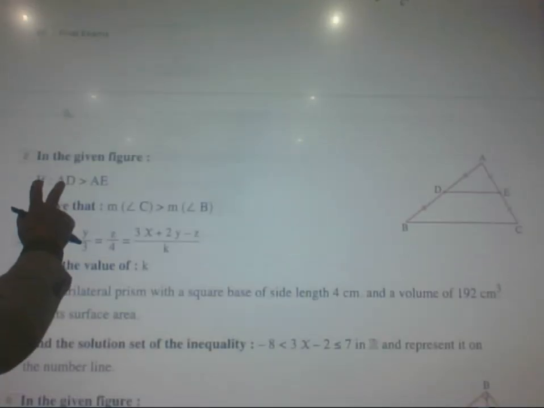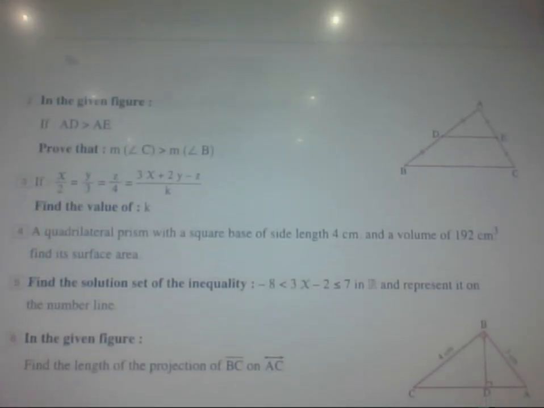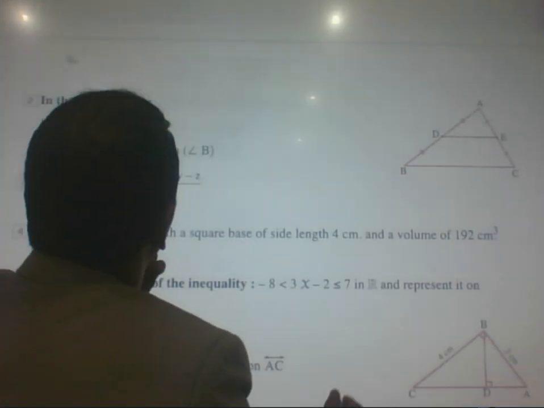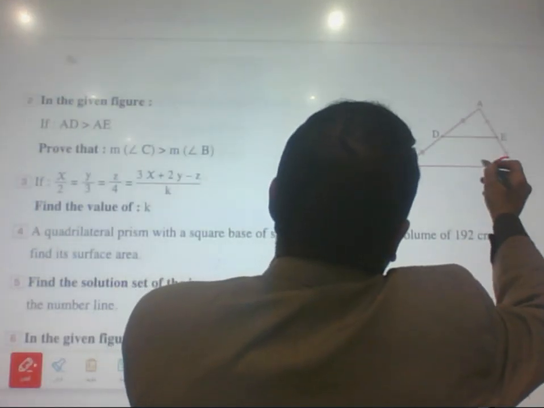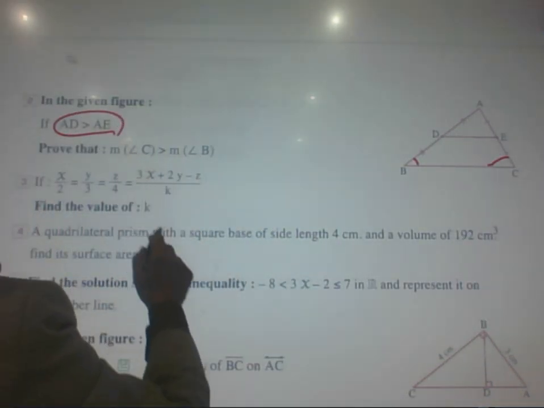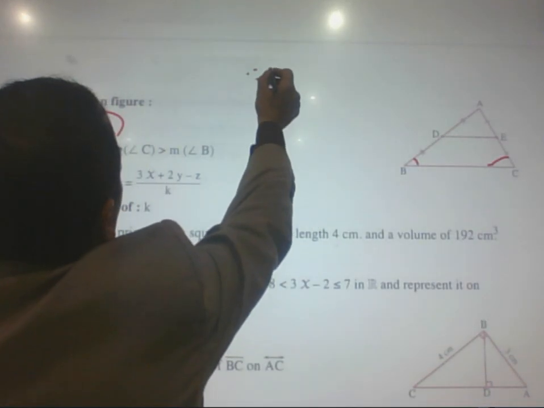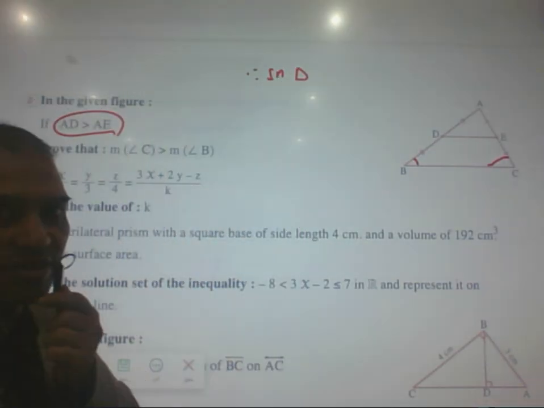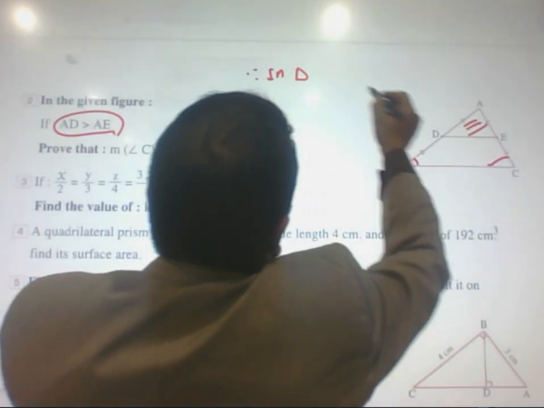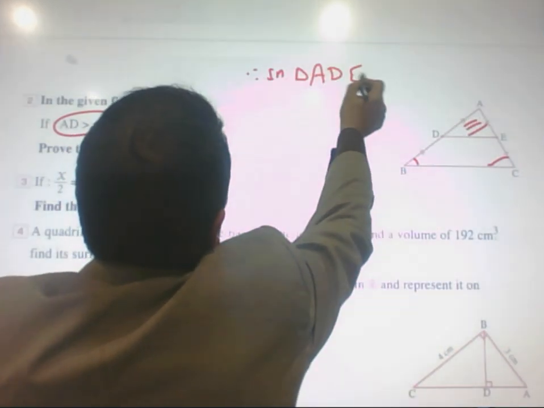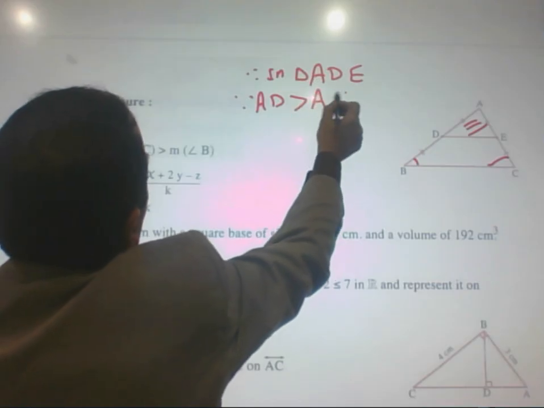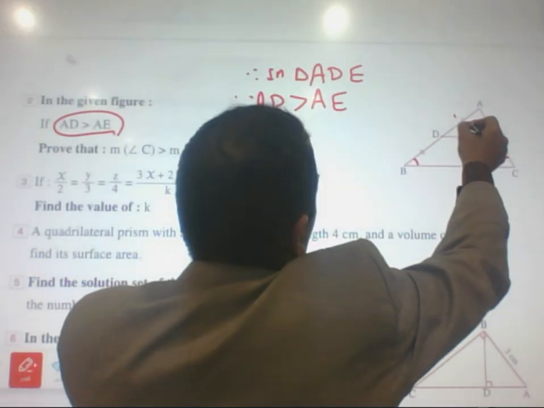Next question in geometry. Here we have a triangle. We want to prove that the measure of angle C is greater than the measure of angle B. He gave me 2 sides of different lengths in the triangle, such that you can write first in triangle ADE, AE is greater than AD.